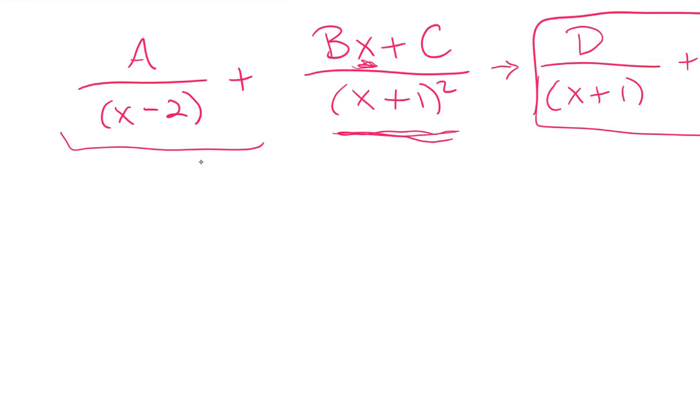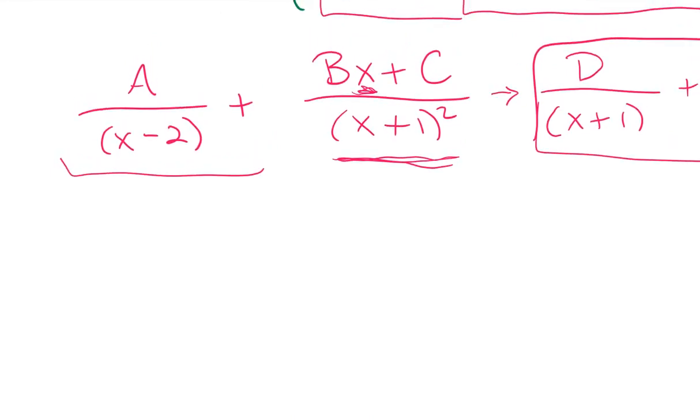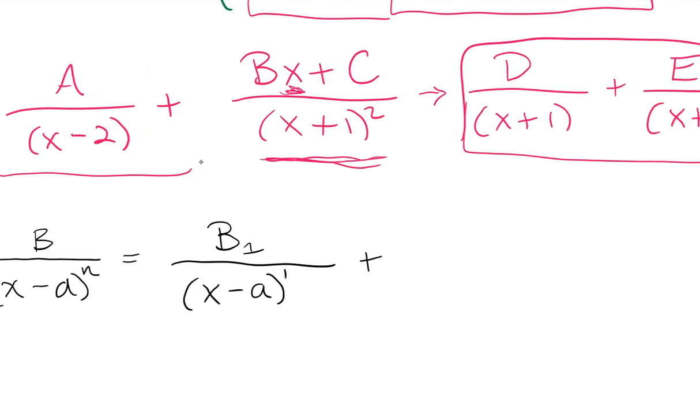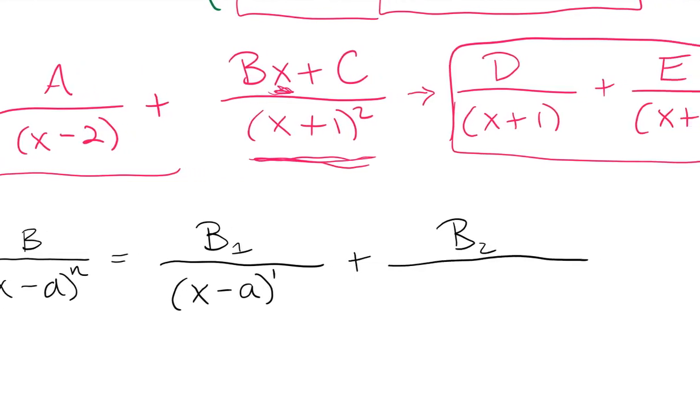whenever you have some sort of repeated term in the denominator of the function that you're going to use a partial fraction to decompose, what you will do is, if that term is to the power of, let's say, x minus a to the nth power, and we'll say that we have some sort of constant above this, so let's say this is b, this will be decomposed into some other constant, b1, over x minus a to the first power, plus some other constant, b2, over x minus a to the second power.